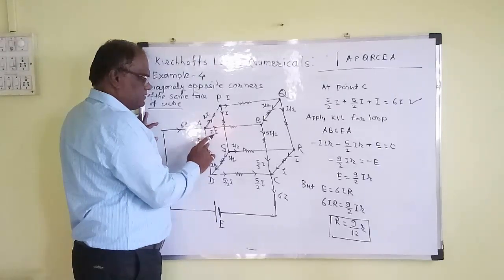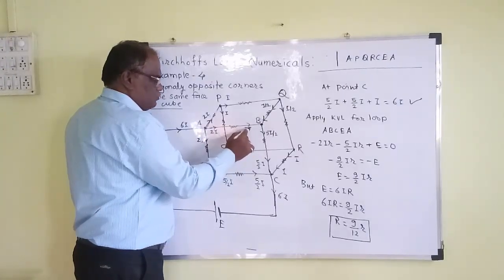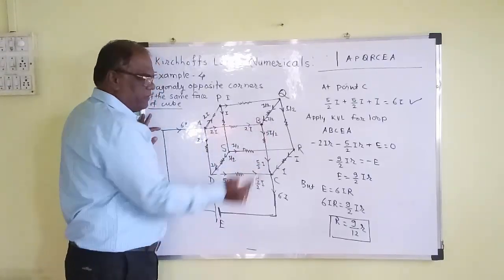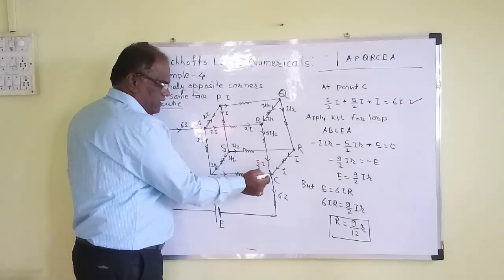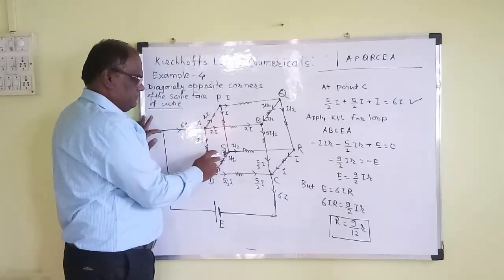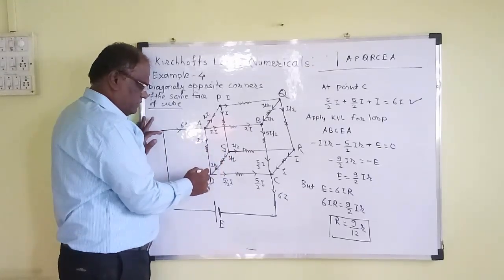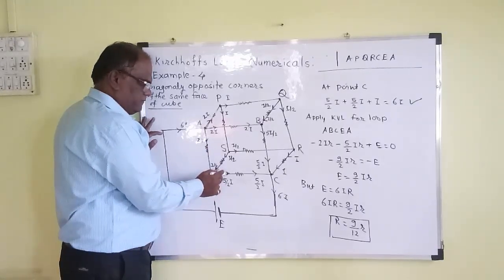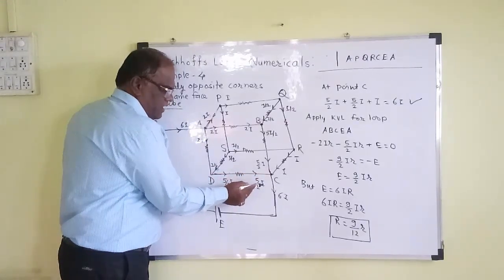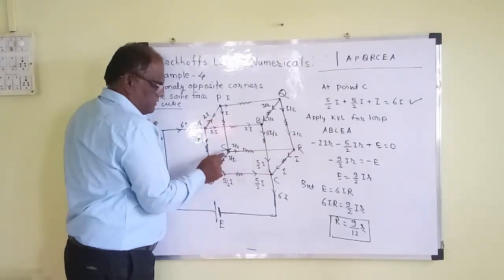See this 2I current. When 2I current reaches the point B, at this point, this 2I and this I by 2 now becomes 2 plus half, that means 5 by 2 I, and thus 5 by 2 I current is reaching the point C. Now this I divided into I by 2 and I by 2, this I by 2 and this 2I becomes 5 by 2 I. Thus through this branch at this point current reaching is 5 by 2 I. Now I by 2 and this I by 2.